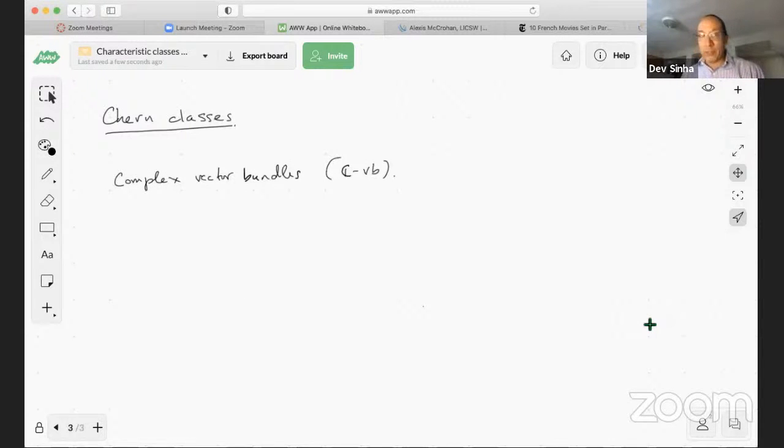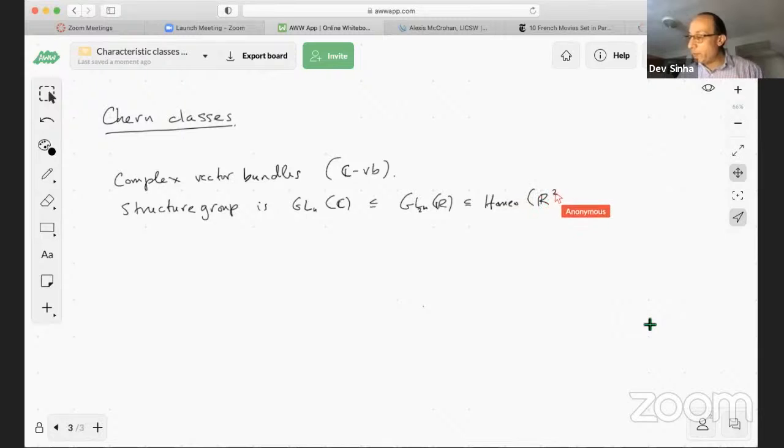So, in the language that we were just developing, that means that your structure group restricts to, or just is, GL_n(C) inside GL_2n(R), which is itself, if we're thinking about bundles very generally, inside the homeomorphisms of R^2n.